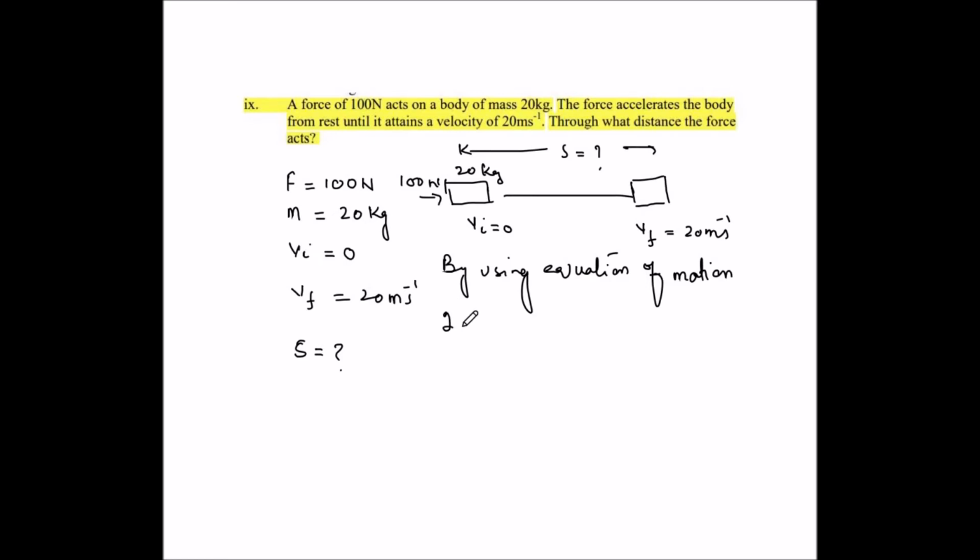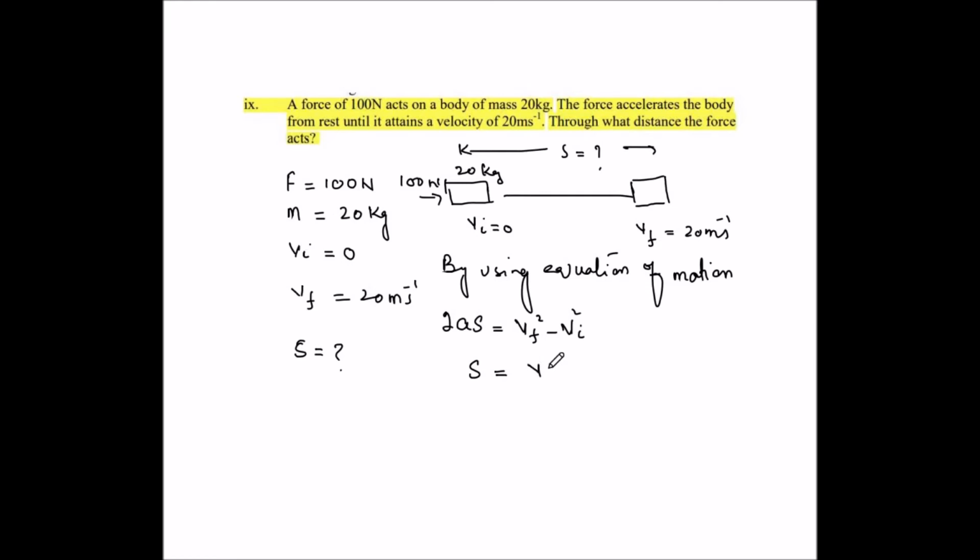2as is equal to Vf squared minus Vi squared. You all know well about this equation, the third equation of motion. Look at the task, you need to calculate distance traveled, so you can make s the subject.